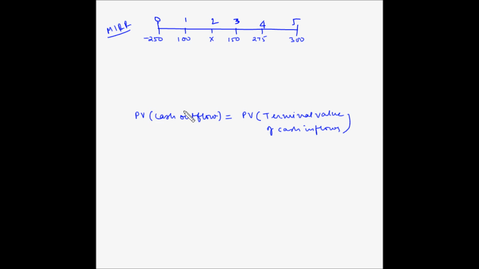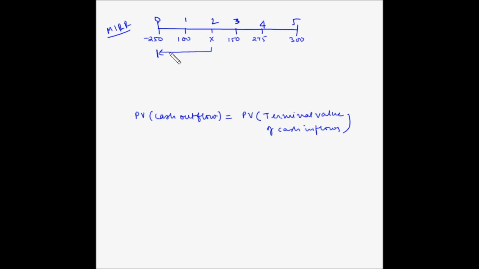So let's first find out the present value of the cash outflows. Now we have been given that the cash outflows are at year 0 and year 2. So basically we have to find the present value of this cash flow.